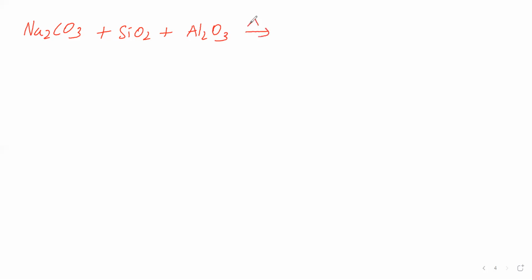On heating, we get permutit, artificial zeolite. So we take soda ash Na2CO3, sand SiO2, and alumina Al2O3. On heating, we get permutit.